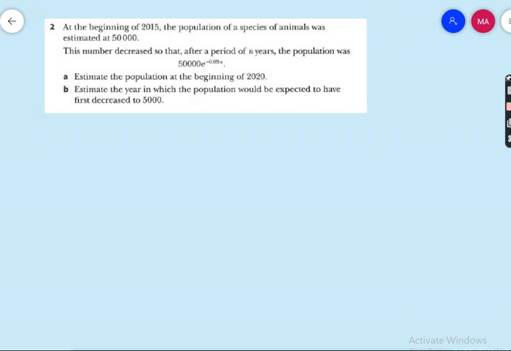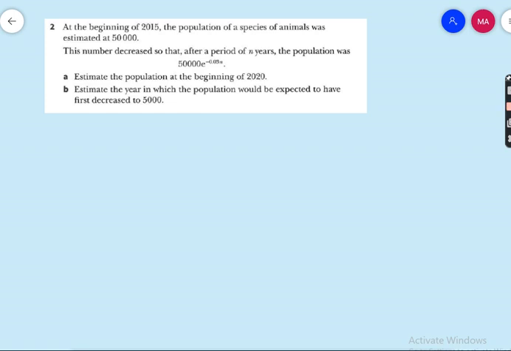Here we go. This is question number 2. Another application of exponential function and logarithm. At the beginning of 2015, the population of a species of animals was estimated at 50,000.